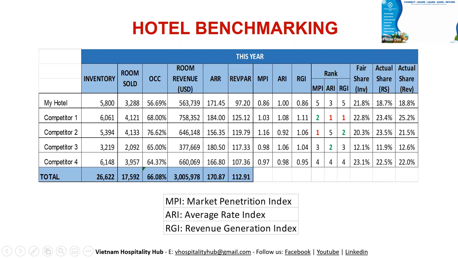You just know that from the STR report. So by using the benchmarking report, we have the base to tell the business owner and the investor whether the hotel is doing good or not. This is the way we do benchmarking.